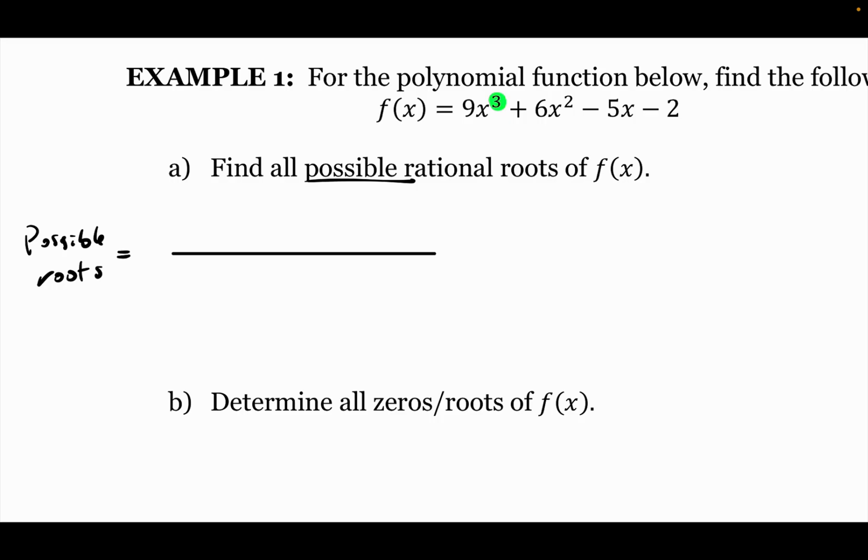Okay, so how are we going to do that? First thing we're going to do, get the factors of the constant. Okay, so a couple big words there. Let's start with constant. What is a constant? Or what is the constant? 9, 6. So those are coefficients. Yeah, the 9, the 6, and the negative 5 are coefficients because they're in front of x.